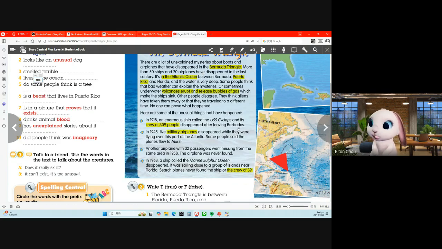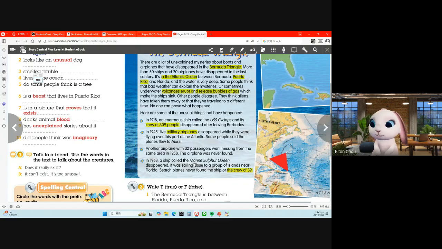So why did so many ships and airplanes disappear in this area? Some people think that underwater volcanoes erupt and release bubbles of gas, which may make the ship sink. But also, some people believe that the aliens just took them away, right?